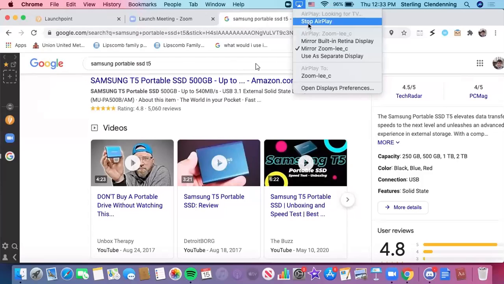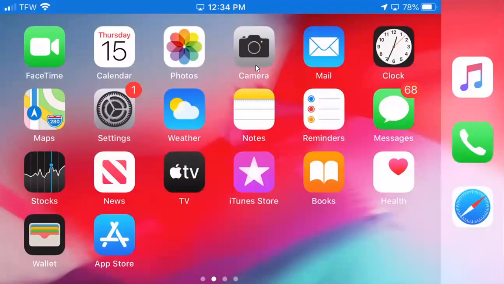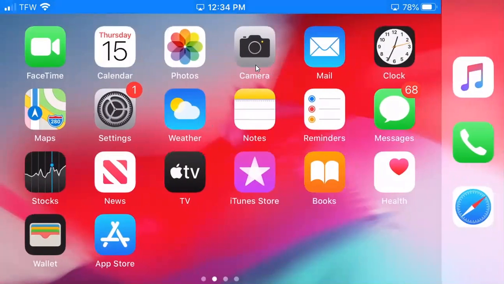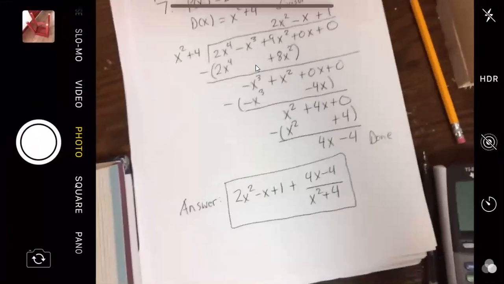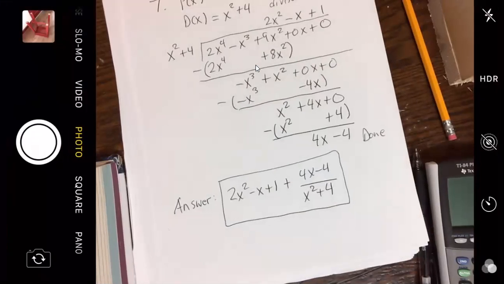Okay, appears I lost my green. So let me see if I can get my camera back. All right, looks like I did. The rest of these, they'll tell you synthetic division on some of them. You don't have to. I have my assignment in front of me.